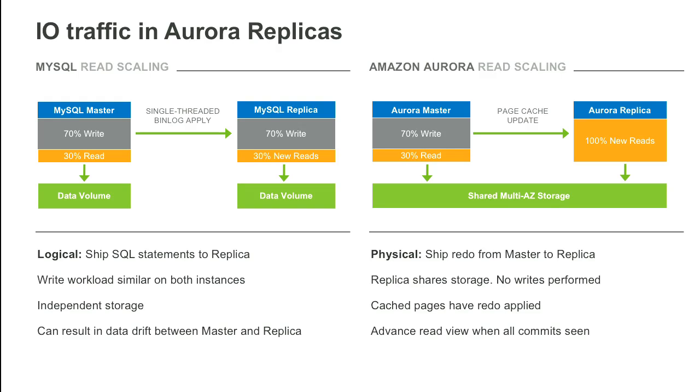If you notice, we reduce the likelihood of going to the storage volume because we are actually applying the log records in the cache itself. So it's not like every read that's coming to the replica is going to the storage volume. Many of them are going to be serviced by the buffer cache, and it is a function of the working set. So in practice, we don't see the concern that you're talking about, by and large.